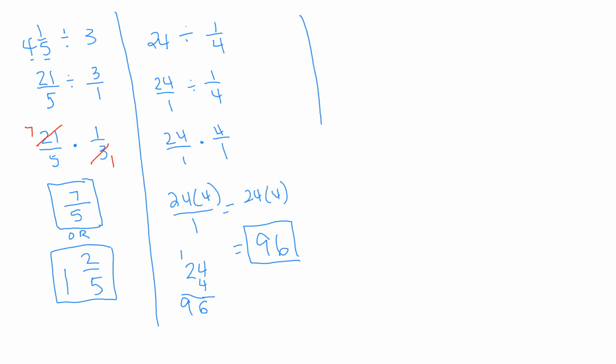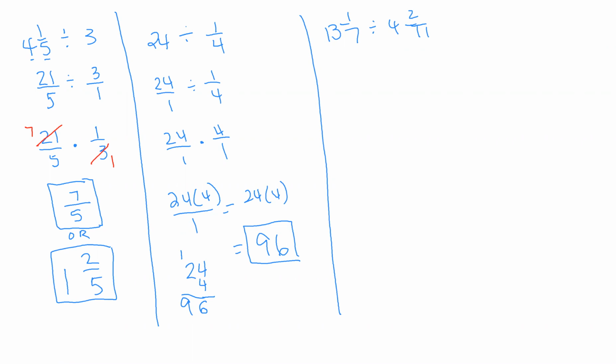All right, let's try maybe 2 more. So let's say I have 13 and 1/7 divided by 4 and 2/11. All right, hopefully you kind of know the drill. These need to be improper first, then we convert to multiplication, then we follow the steps for multiplying. Okay, so we want to take 13 times 7. Use the multiplication table, a calculator, or do the work by hand if you're not sure what 13 times 7 is.